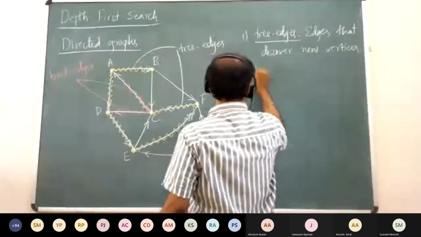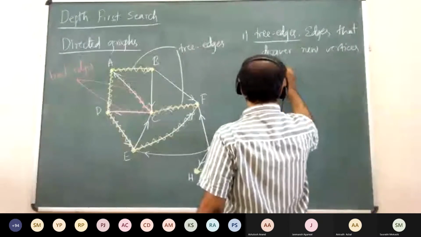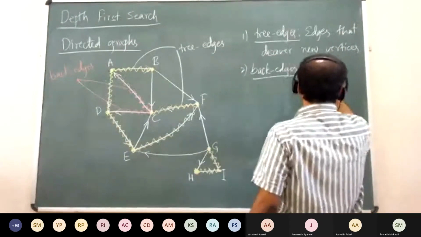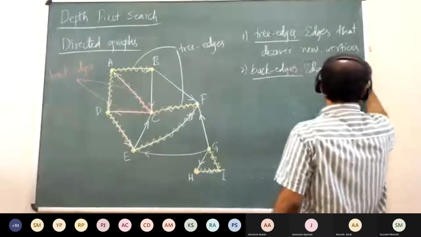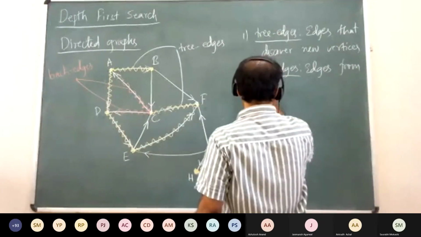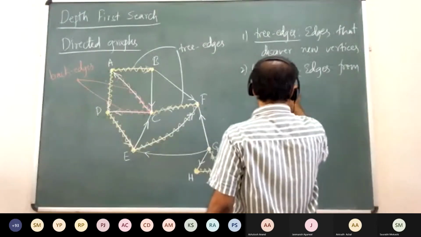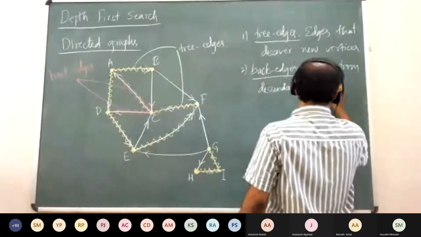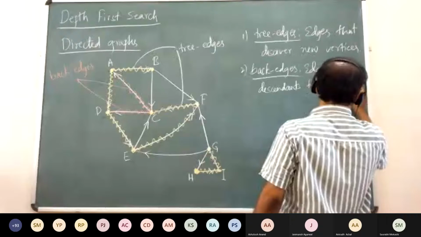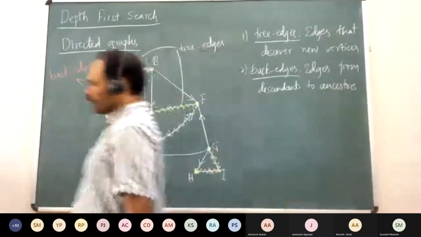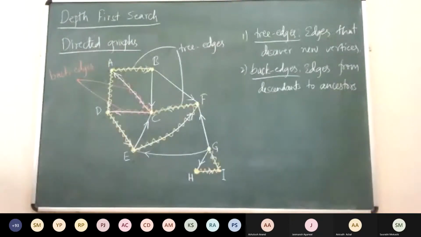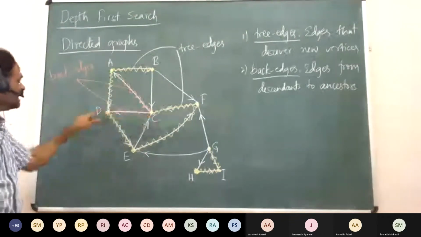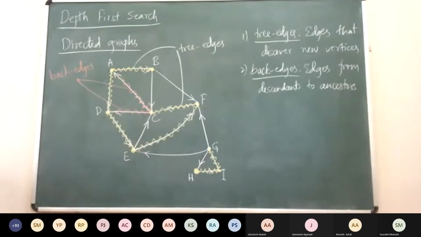The second thing is back edges: edges from descendant to ancestors. Okay. These are what we call back edges. Okay. So here CA is a back edge, CD is a back edge. Okay.